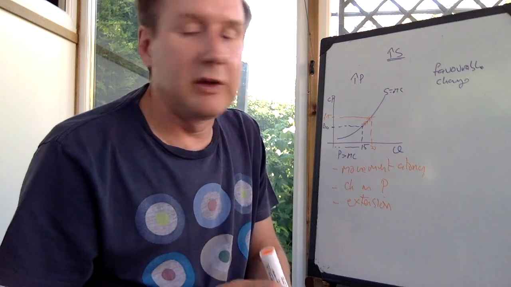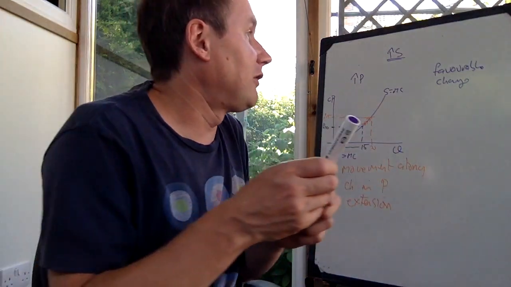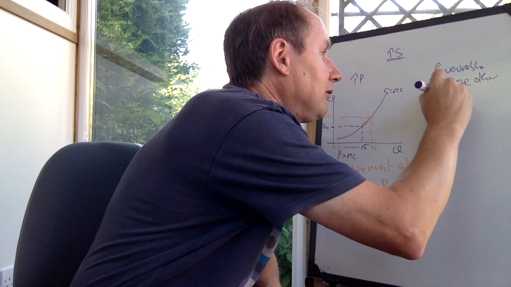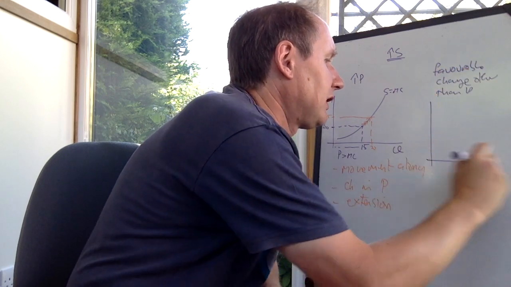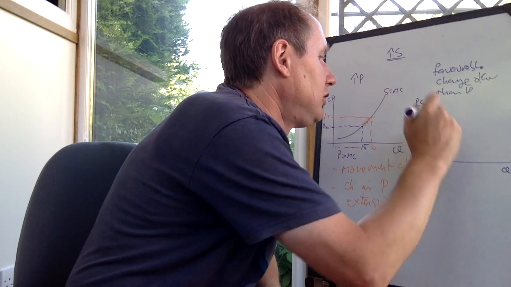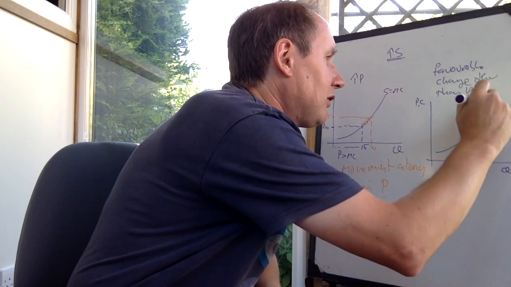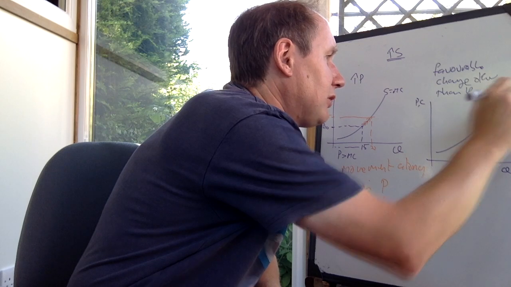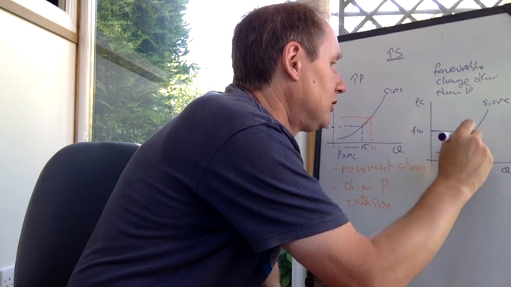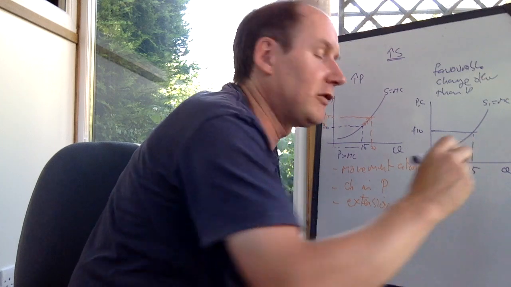But there might be something that isn't to do with price, a favourable change other than price. So let's suppose you discover a new way of making things. That was your supply curve, which was marginal cost, and when price was £10, you used to be willing to supply 15 units.